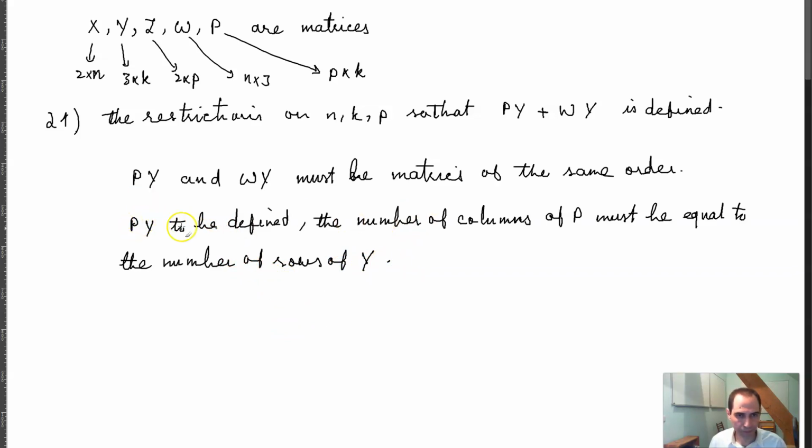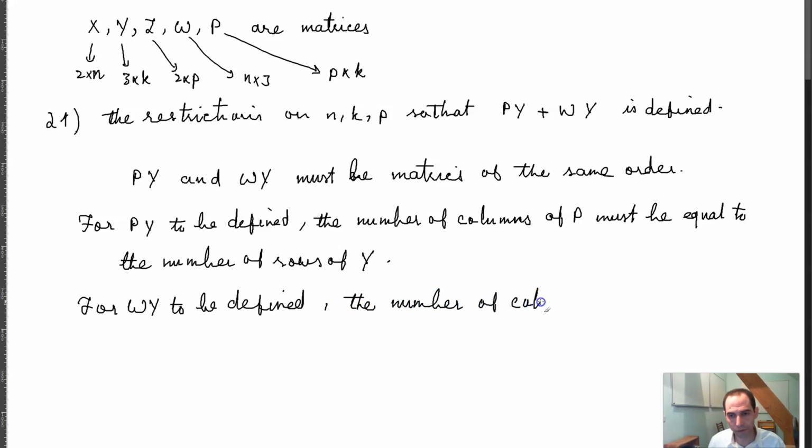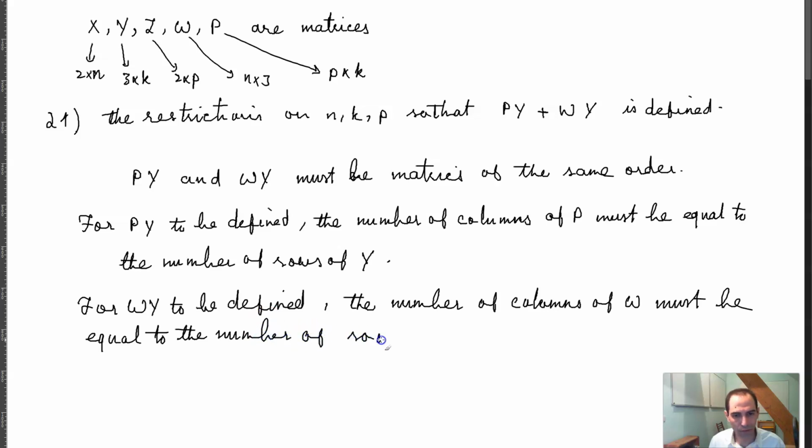And also for WY to be defined, the number of columns of W must be equal to the number of rows of Y. Now this is number 1, this is number 2, and this is number 3.